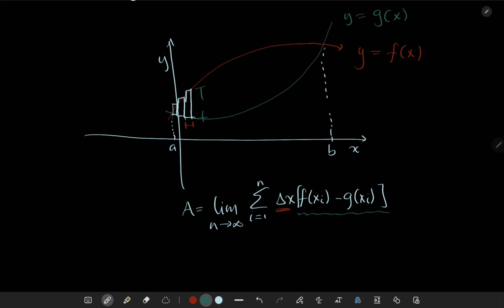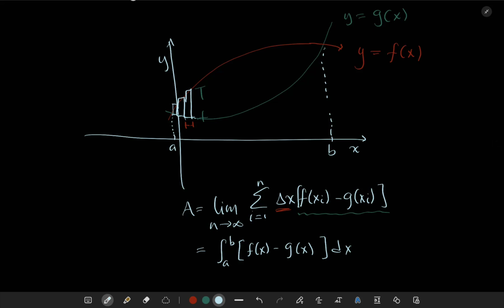And then if we go ahead and compute that, or write it in terms of our integral, this would be the integral from a to b of the difference of f of x minus g of x dx.